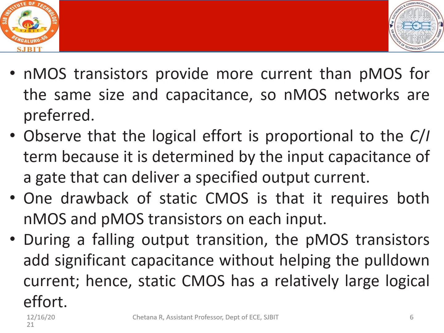But the drawback of static CMOS is that it requires both NMOS and PMOS on each input. So every time we have to consider NMOS and PMOS, and one at a time is working. When there is a falling output transition, the PMOS transistors add significant capacitance without helping the pull-down current.